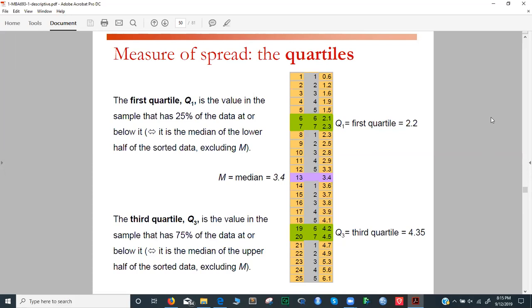Okay, let's move on. So quartiles, Q3 minus Q1 is the median.